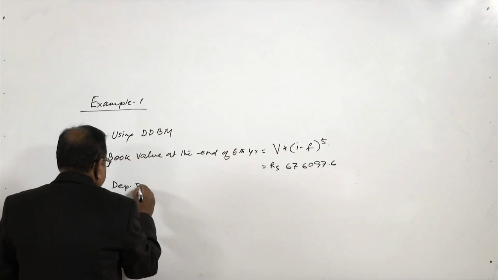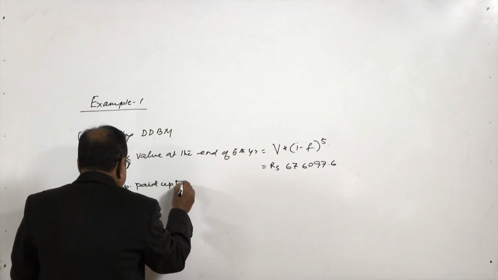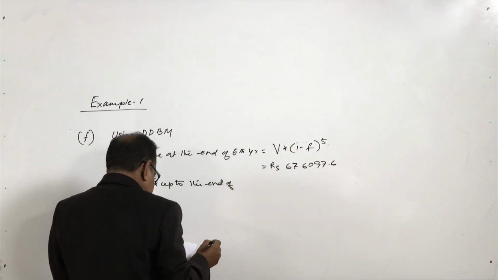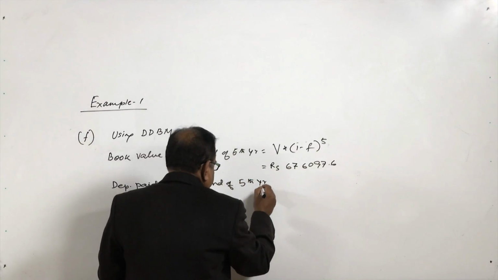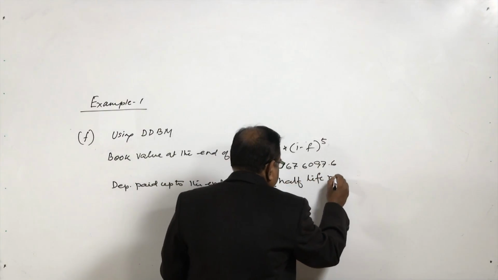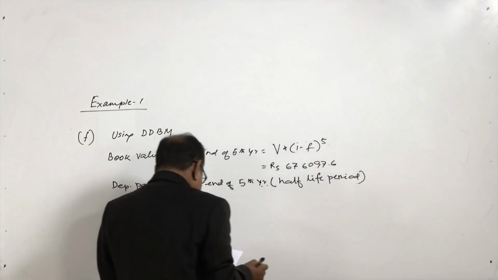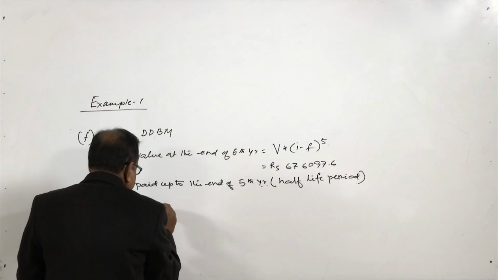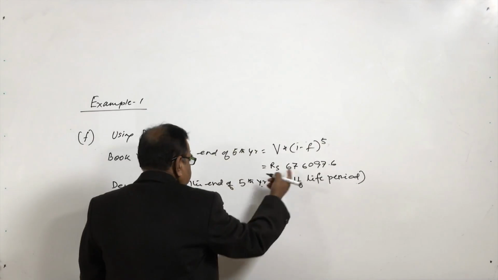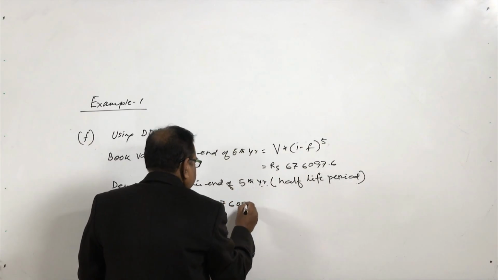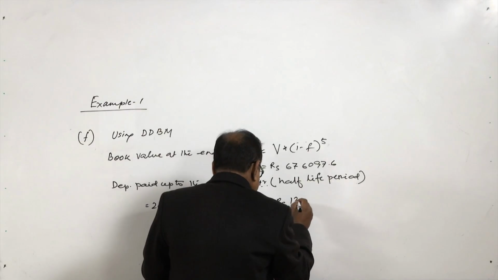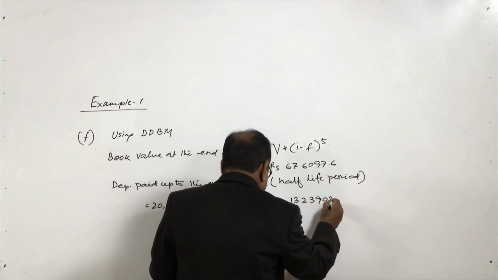Now depreciation paid up to the end of 5th year, that is the half life period, is equal to 20 lakh, the initial cost, minus this value 676097.6, that comes out to be rupees 1323902.